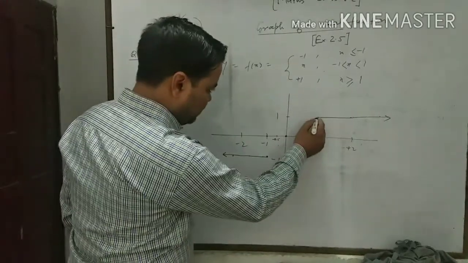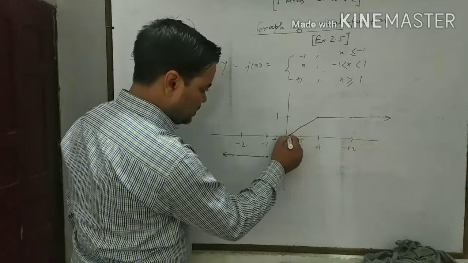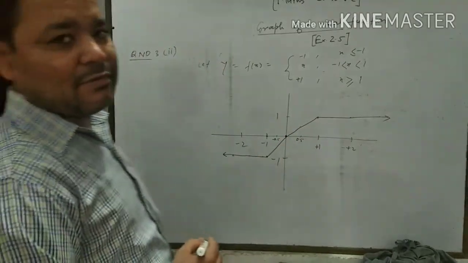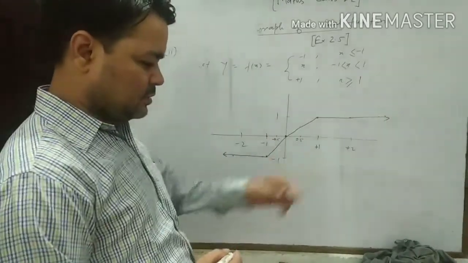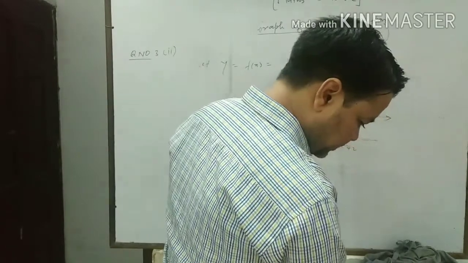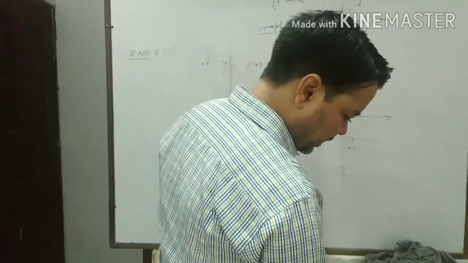So if we join these, it will be this type of graph, like this way. Okay, it will be like this.